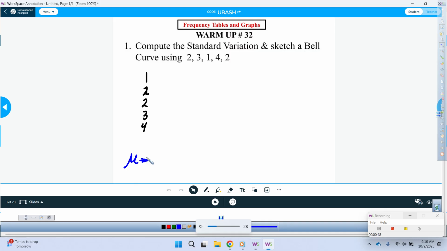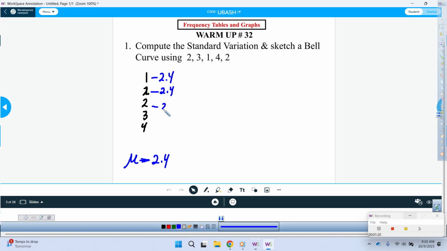Mean. What is it? Yes. 2.4. That is correct. So here goes the process one more time.